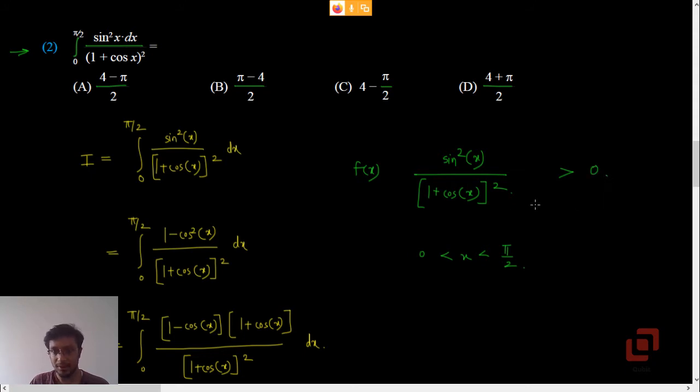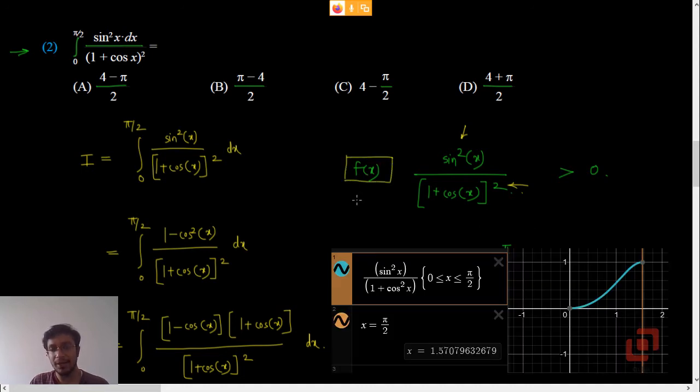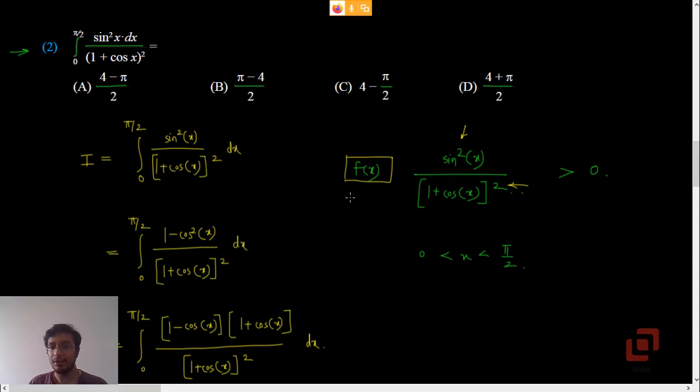Yes, correct. Why will this be true? You have the square of the numerator and the square of the denominator. So you now know that the graph of this particular function will entirely be above the x-axis. So the value of the definite integral will never be negative, correct? So the integral from 0 to pi by 2 of f of x dx will always be positive.